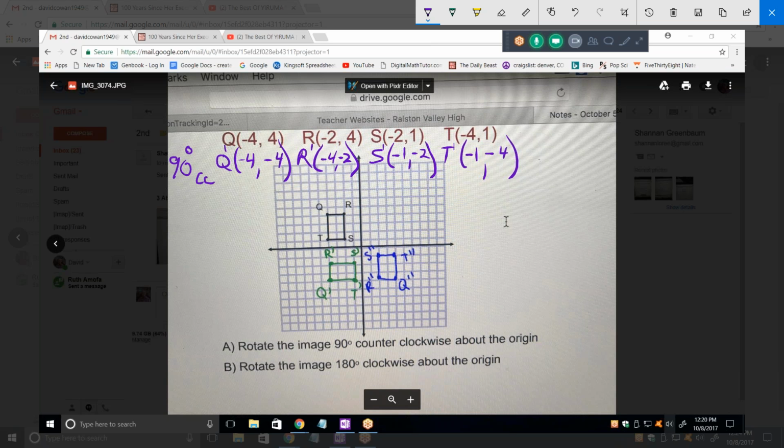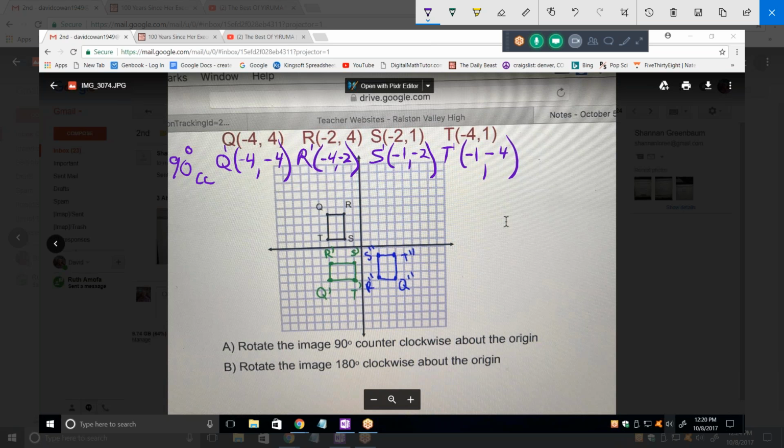You've got to notice the pattern. So you make the Y variable on the black rectangle the X variable and change its sign, and you make the X variable on the black rectangle the Y variable. That's what I've done to get the purple. I should have done it in green now that I'm looking at it. The purple is the green, okay?